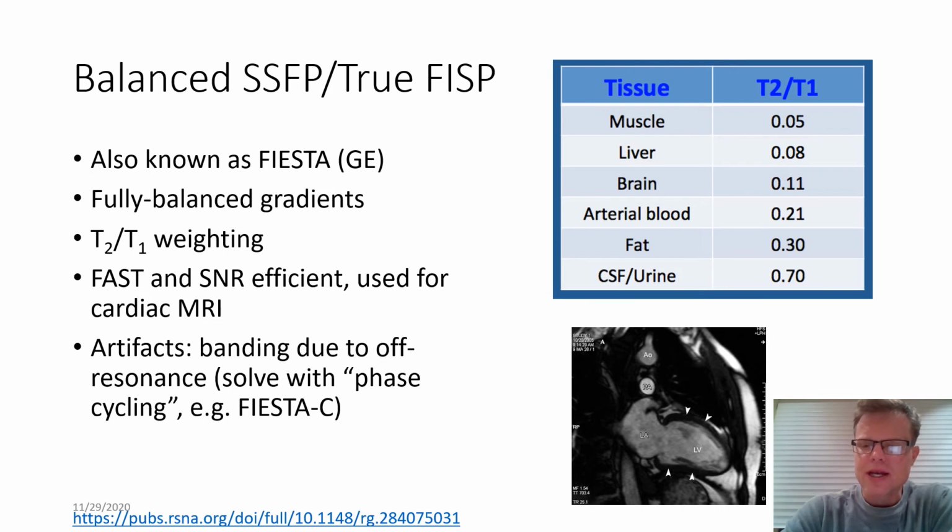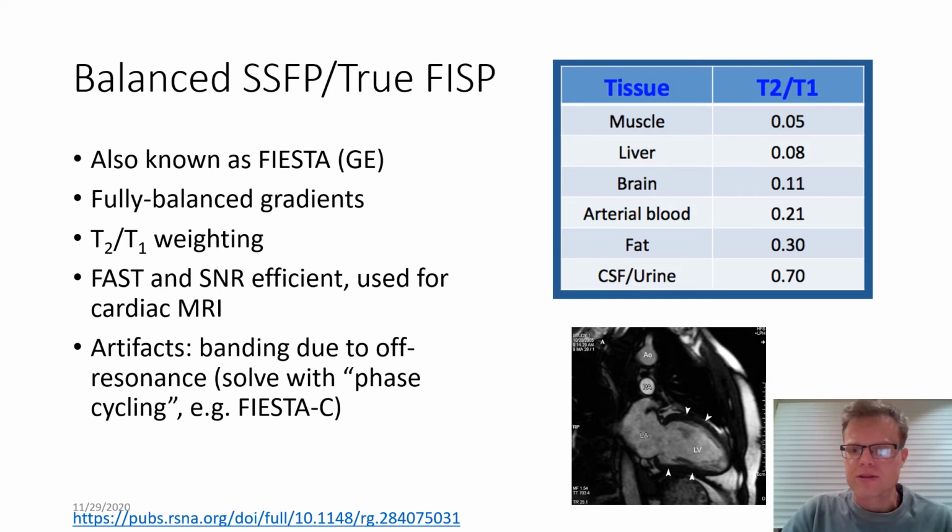So you can see it has a very advantageous high contrast for fat, but particularly of interest in cardiac MRI and angiography is the fact that the arterial blood here is much higher signal than, say, most muscle tissue.